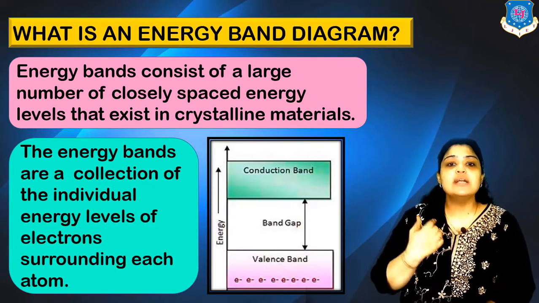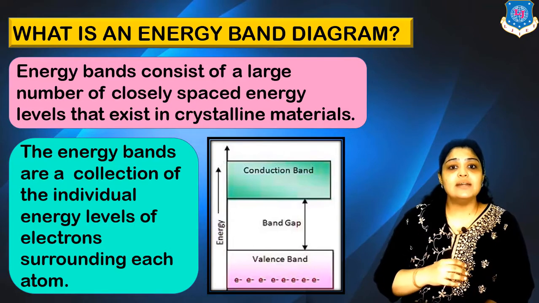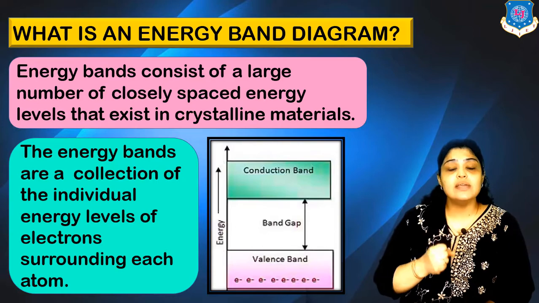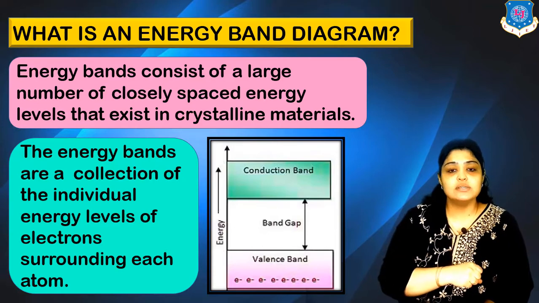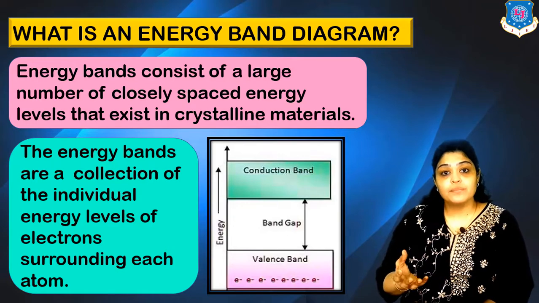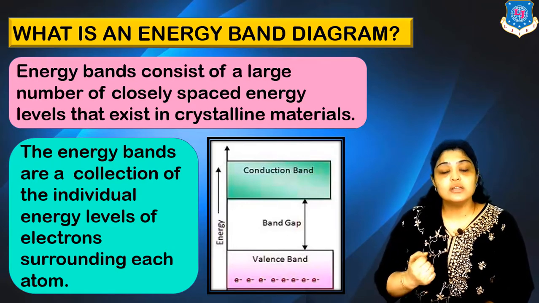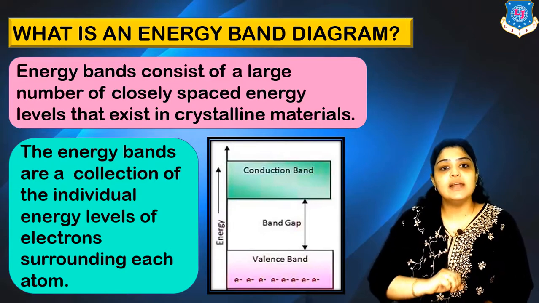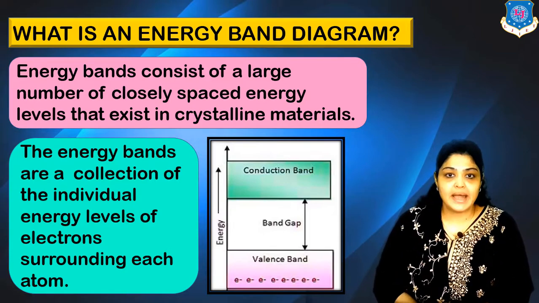And coming on to conduction band. Now conduction band is an energy band which is formed by grouping the energy levels of free electrons. So by giving energy, if the valence electrons become free, if they are available for conduction, so if I group all such energy values of free electrons, I would be getting the conduction band.